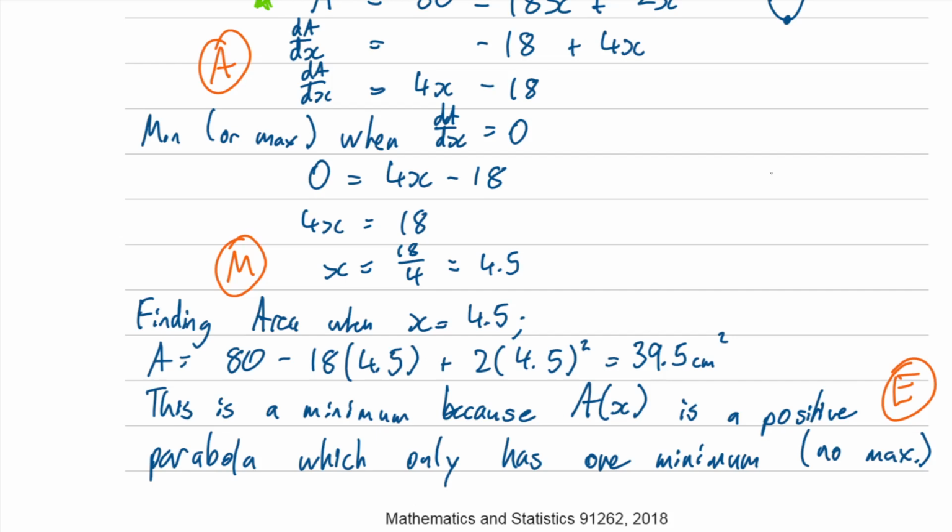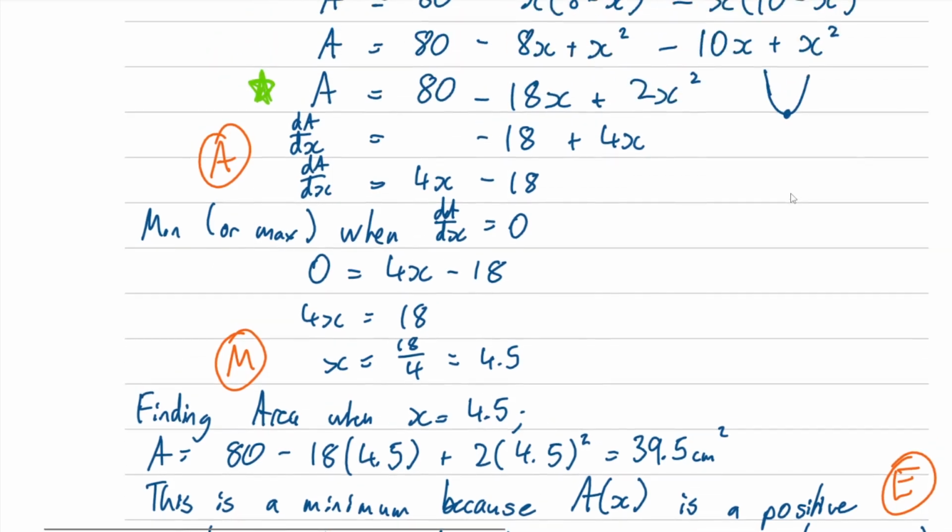Cool. Alright, another way you could justify it is, remember that derivative that we worked out, dA by dx, you could find, so you pick a number just to the left of 4.5 and just to the right.